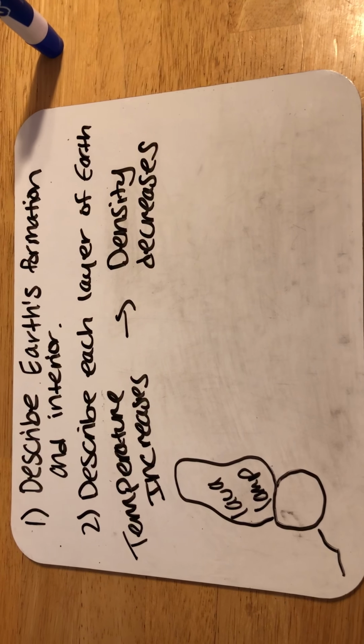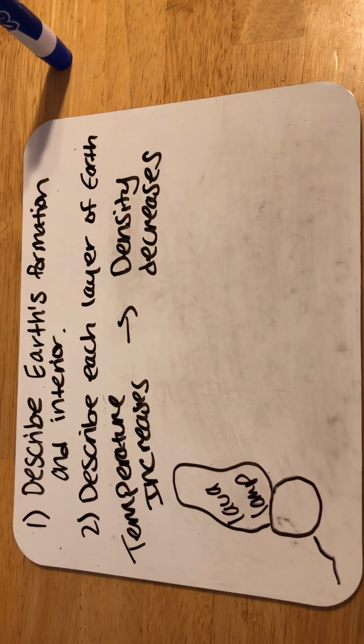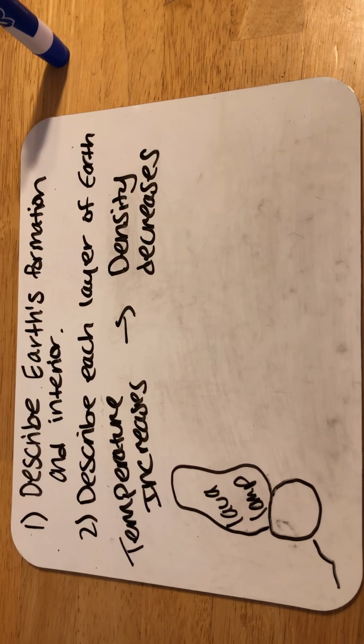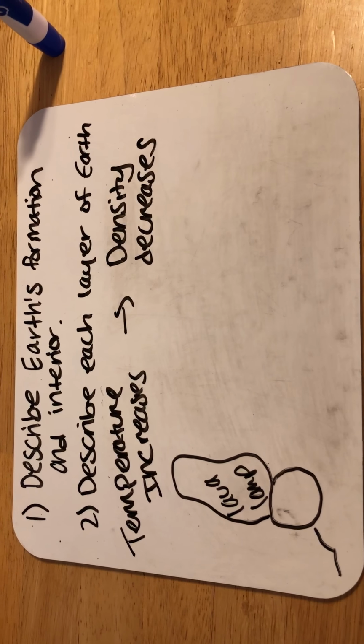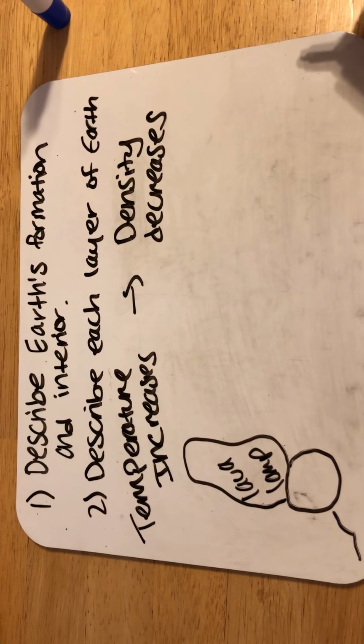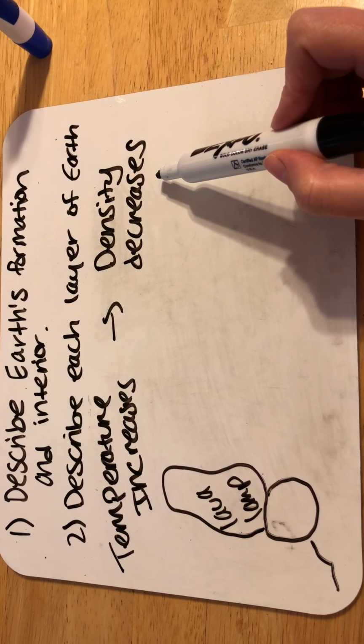So when we are describing how each layer of Earth evolved and formed, we have to think about temperature and density. Density and composition were two driving factors of Earth separating into layers. As temperature increases, our density will always decrease.